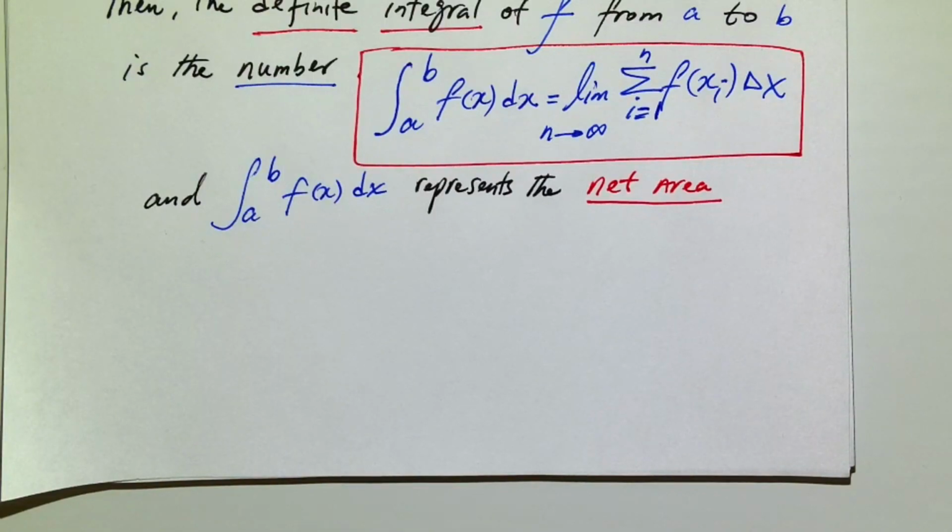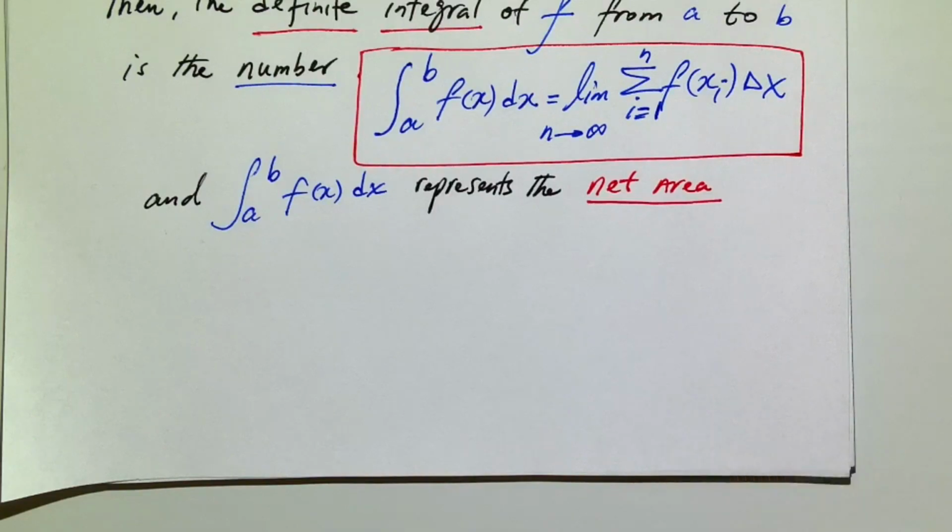So any region between the curve and the x-axis that is below the x-axis, on the same side as the negative side of the y-axis, is the negative area. And any area segment that is above the x-axis, along with the positive side of the y-axis, is the positive area region.